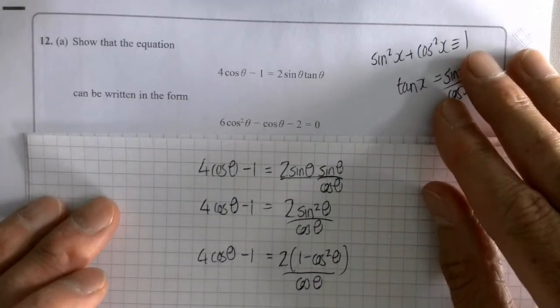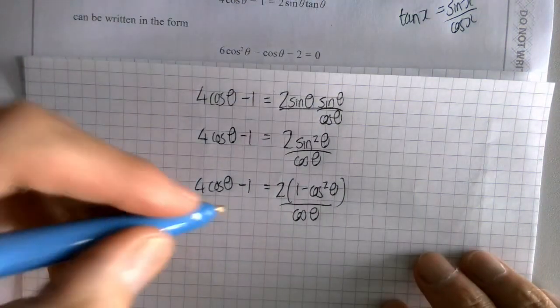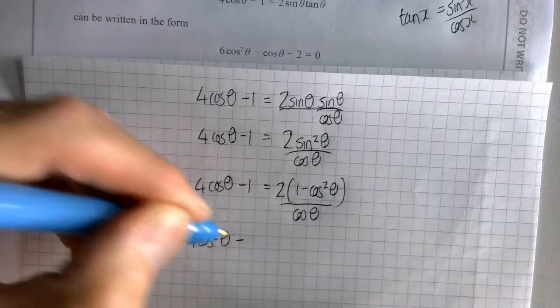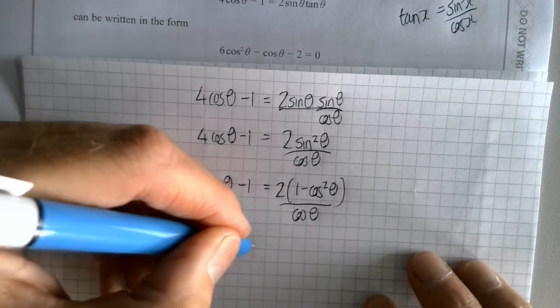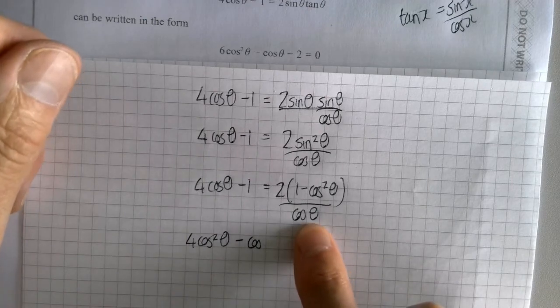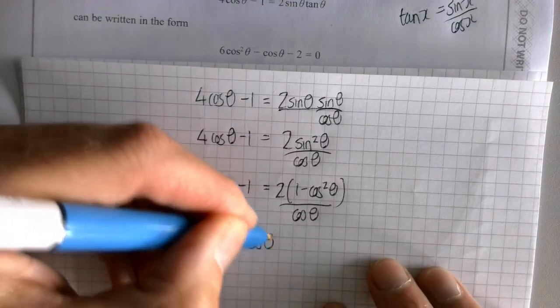Now I hate fractions, so I'm going to multiply by cos. Don't forget I'm going to multiply both of these things by cos. So that means that that becomes cos squared and that just becomes minus cos.